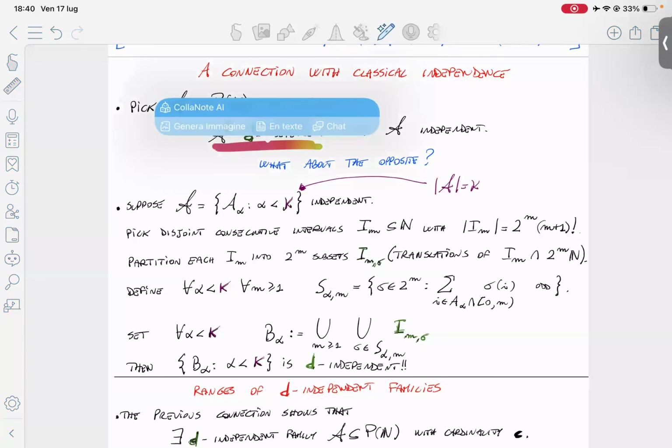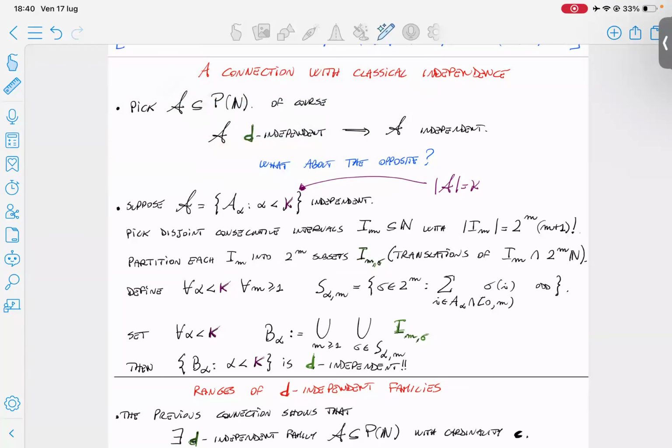While here on the left, we are quantifying how large the possible intersection is. What about the opposite? Well, written in this way, the opposite is false. But we can construct a D-independent family on the left, starting from an independent family on the right.